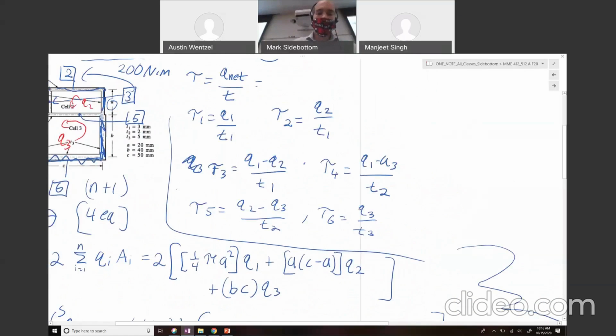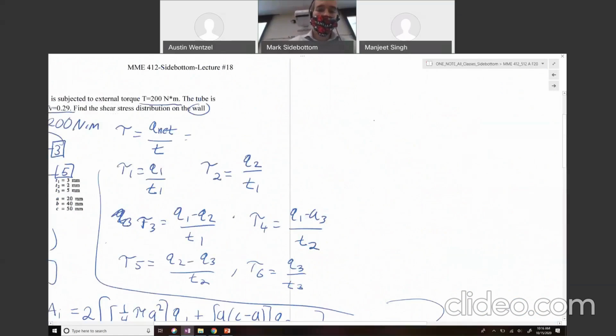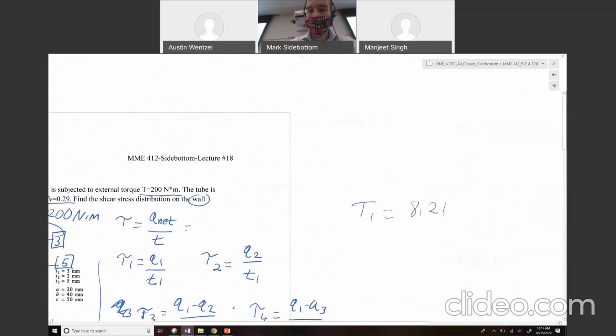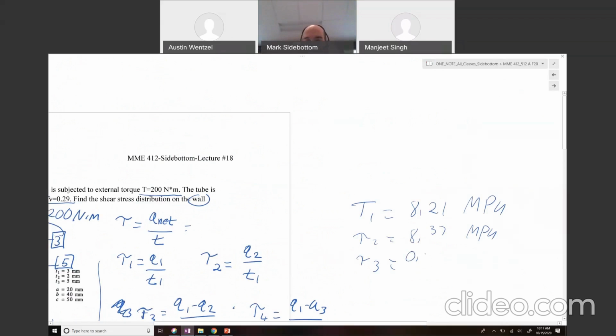So if you plug them all in, tau 1 is equal to 8.21 megapascals. Tau 2 is equal to 8.37 megapascals. Tau 3 is equal to 0.163 megapascals.